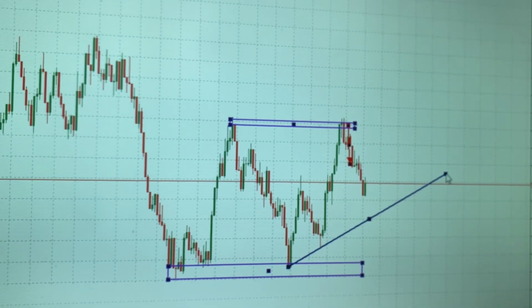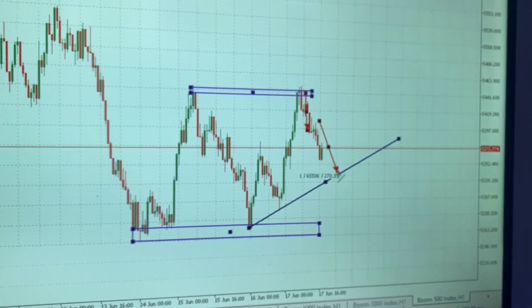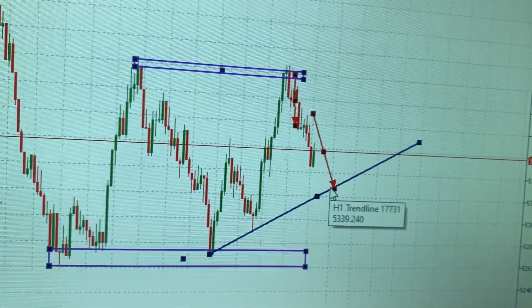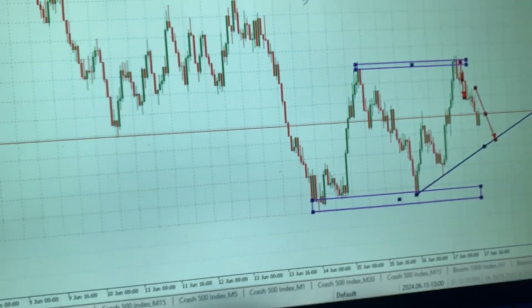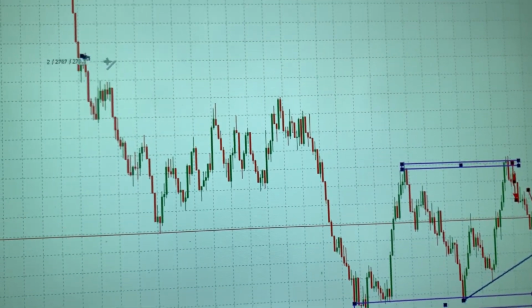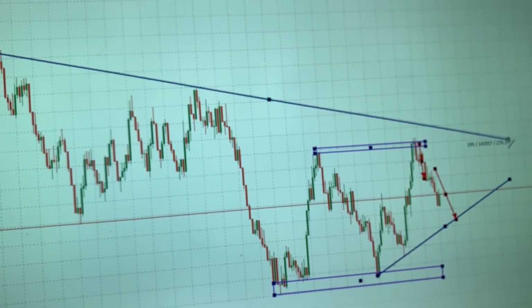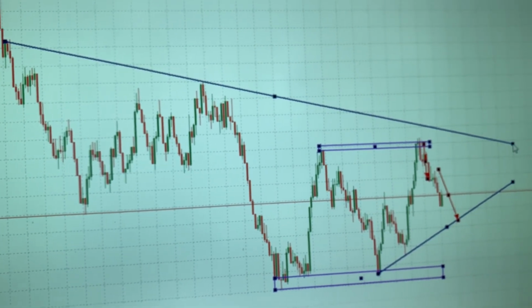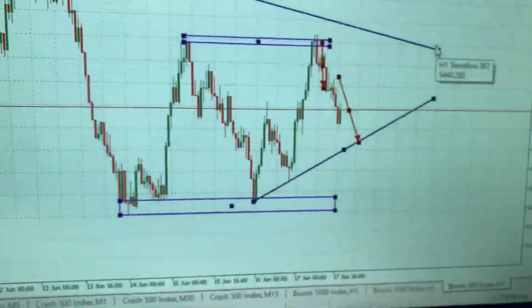So I knew that my price was going to push further down, wanting to target that price zone, because I could see we have another channel right there that we are following. So we are going to continuously follow our price and see what it gives us.